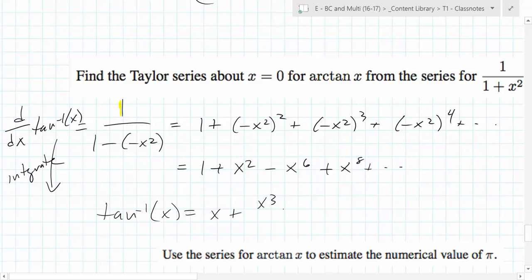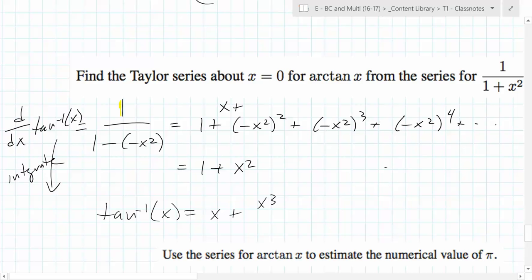Did I do it wrong? It should be 1 plus x squared. Oh yeah, you forgot the x.